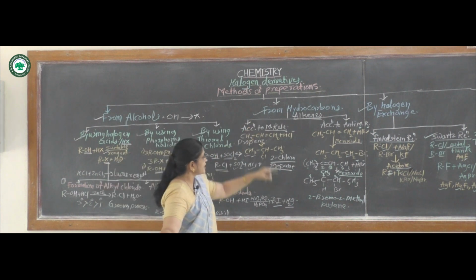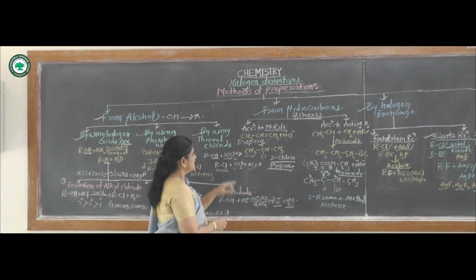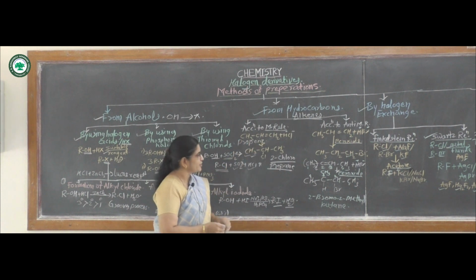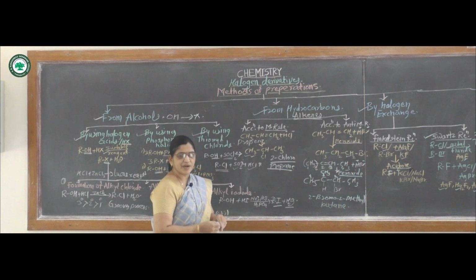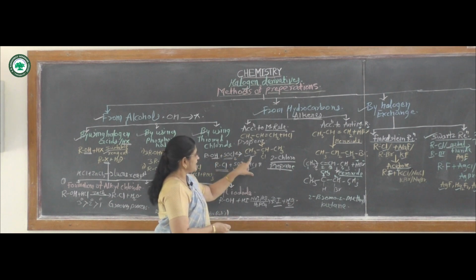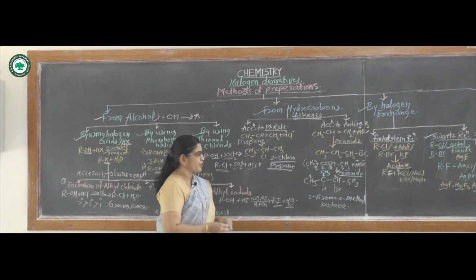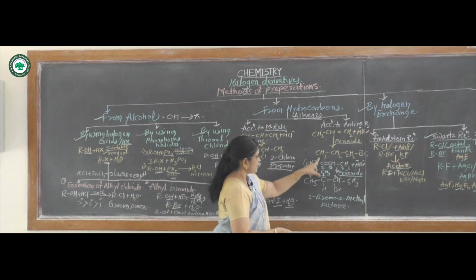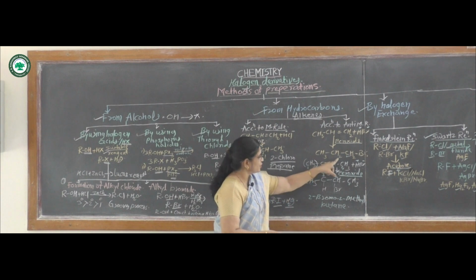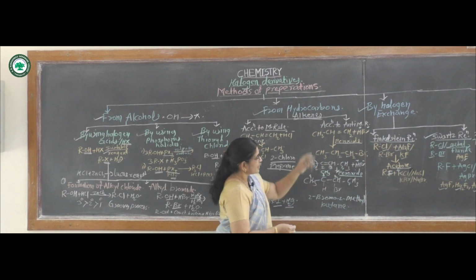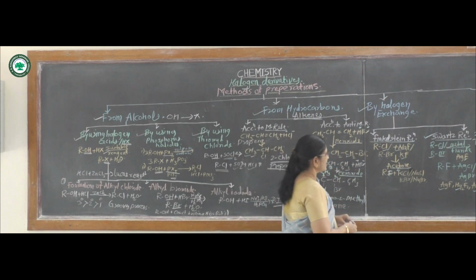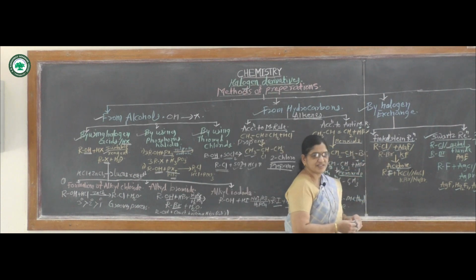Then in the second method, from hydrocarbons, the first reaction is according to Markovnikov's rule, and the second reaction is according to anti-Markovnikov's rule. According to Markovnikov's rule, it gives the main product 2-chloropropane. According to anti-Markovnikov's rule, it gives 1-bromopropane. Then third, by halogen exchange, again there are two reactions: Finkelstein reaction and Swarts reaction.